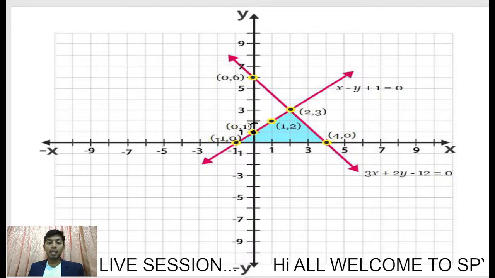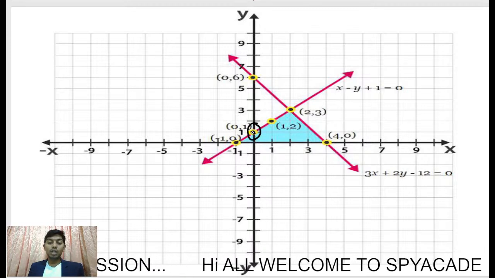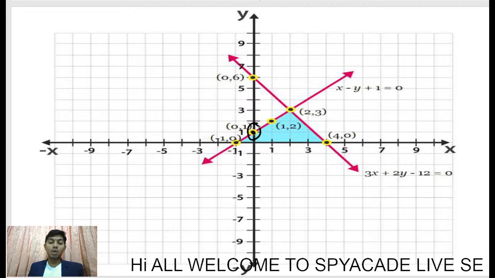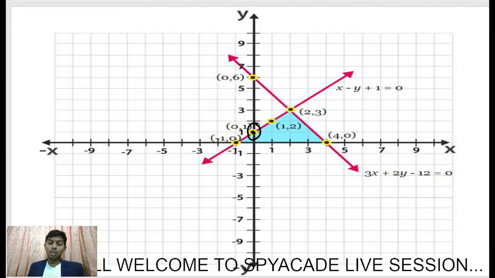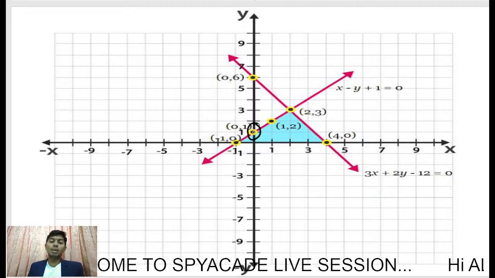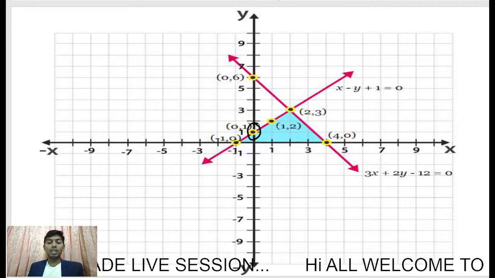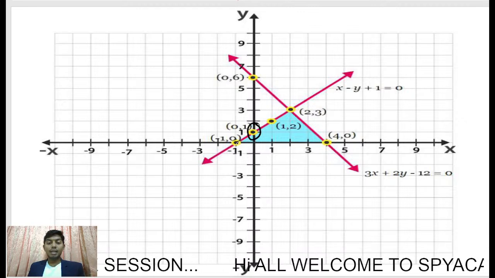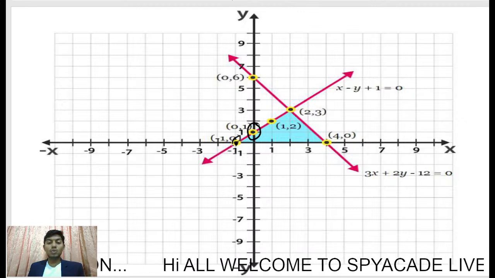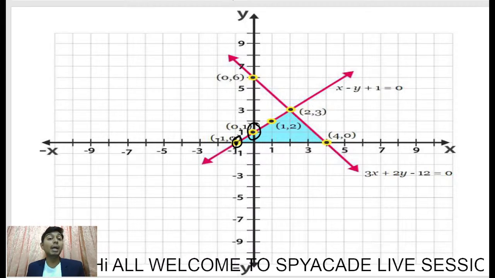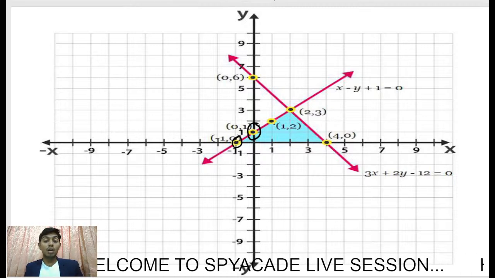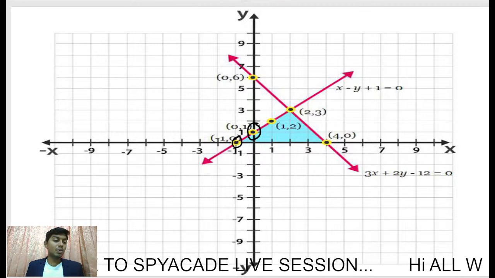So (0, 1) is here. Put a dot here with one small circle around it, and write that point (0, 1) there. Same way the next point will be (minus 1, 0), so plot that point and write minus 1, 0. Same way for whatever other points you are getting.